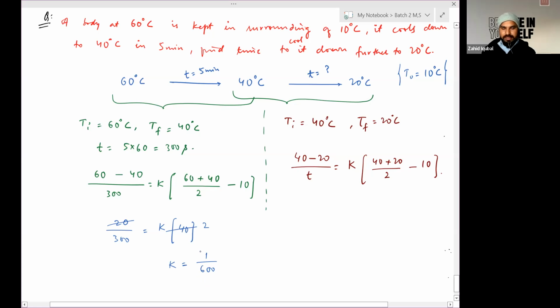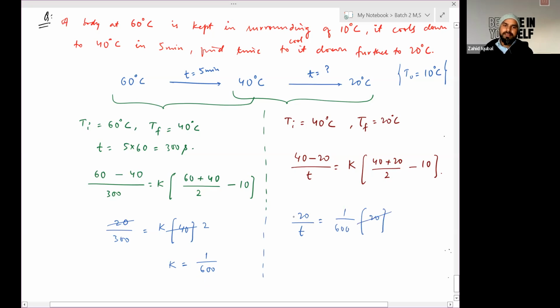Put this expression on the right side. 40 minus 20 is 20. Divide by t, we have to calculate. K is 1 by 600. 40 plus 20 is 60. Divided by 2, 30. Minus 10, 20.